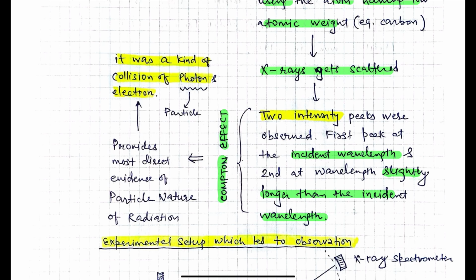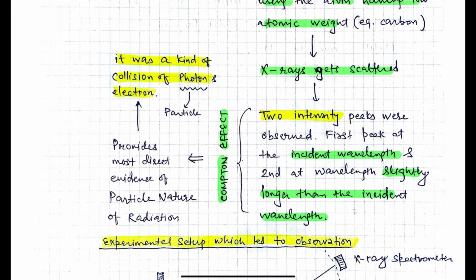So this Compton effect, why is it powerful? It provides the most direct evidence of the particle nature of radiation, and it was a kind of collision between a photon, which is a particle, and an electron. Because the photon is colliding with an electron, we can term it a kind of particle.